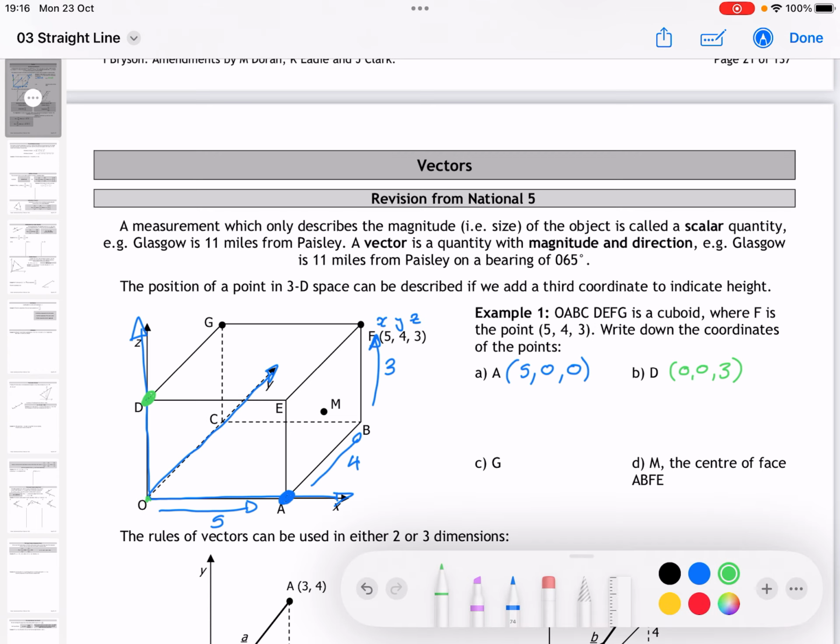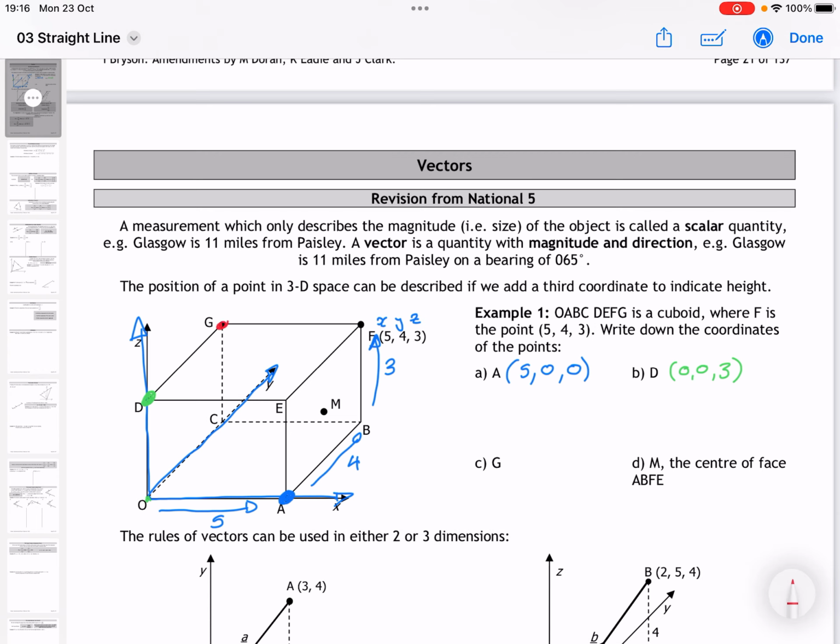G, we're doing red. It's up here. Going from the origin, we don't go along the x-axis, so that's a 0. We're going back by 4, and then we're going up by 3. So G is 0, 4, 3.